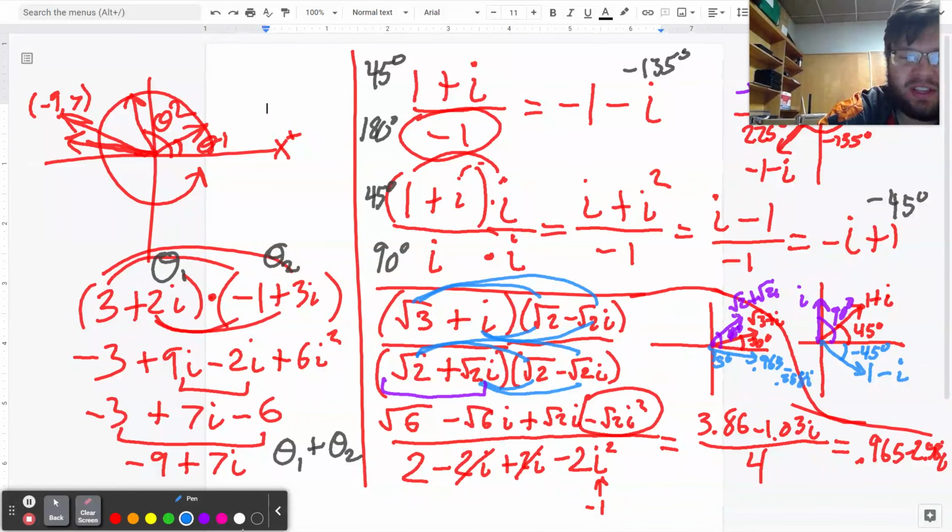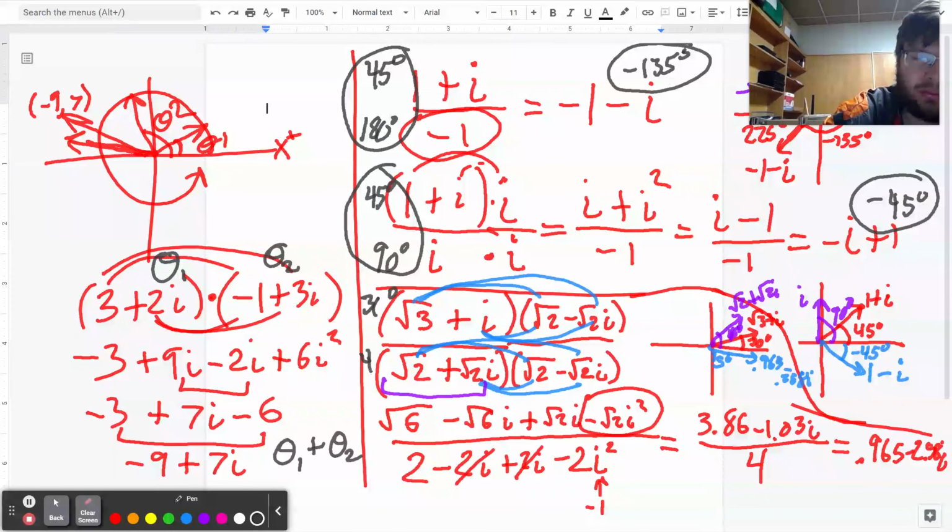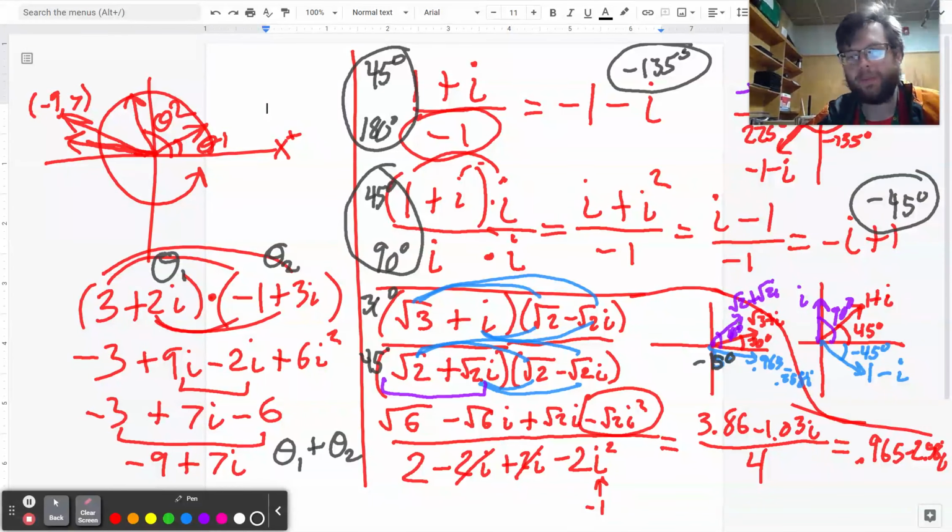Well, in all of these examples here, what we've done is top angle minus bottom angle equals answer's angle. 45 minus 180, negative 135. 45 minus 90, negative 45. So here we've got 30 degrees minus 45 degrees, so we get negative 15 degrees. I think I left off the negative there.